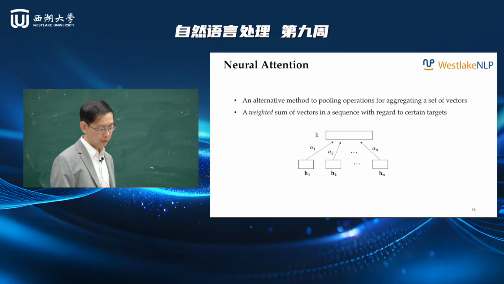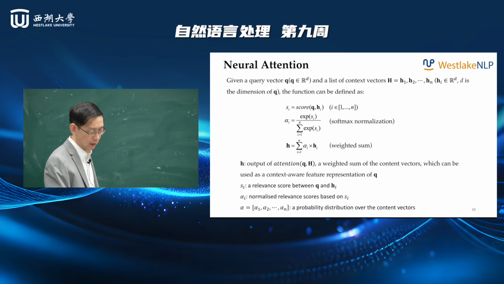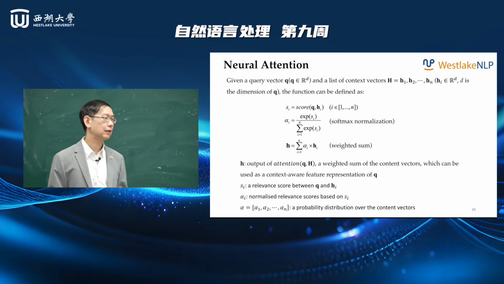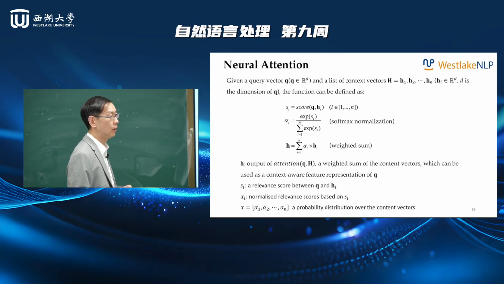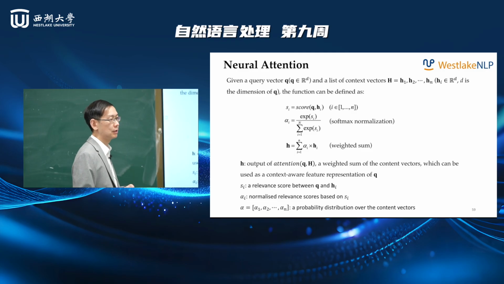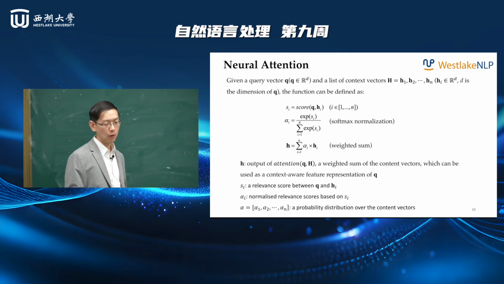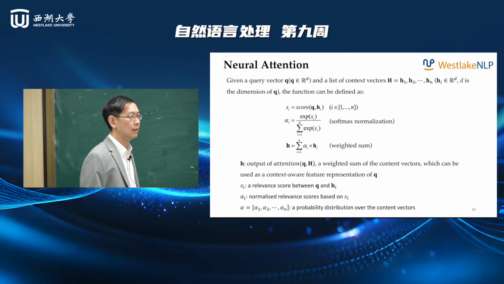Next, how to calculate alpha_i? You need another vector called the query vector, Q. Q will be applied to this sequence of h to derive a score on every h_i.